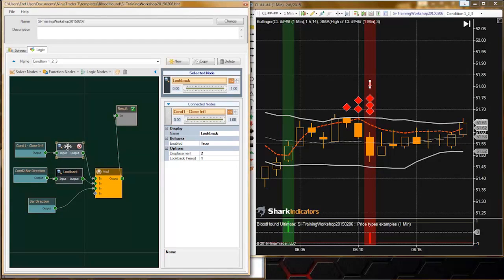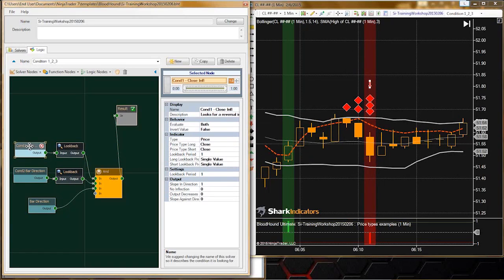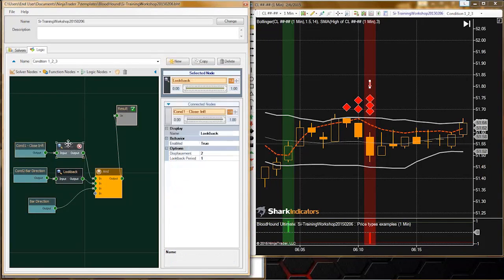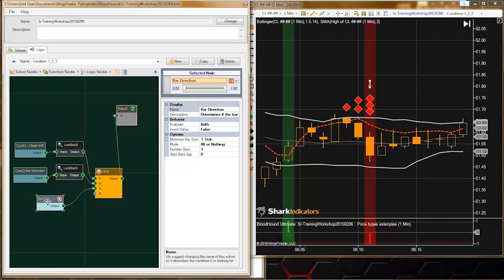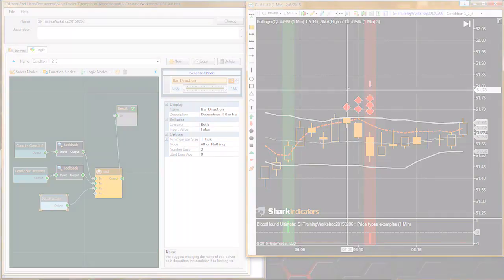Sometimes using this look back node is going to be the best way to accomplish something like this, but there could be other ways that might work a little better. You have to take a look at your trade rule, the condition that you're building in BloodHound, and look at it in the context of the whole trading condition. But in a general sense, using these look back nodes is a very easy, simple way to do this.